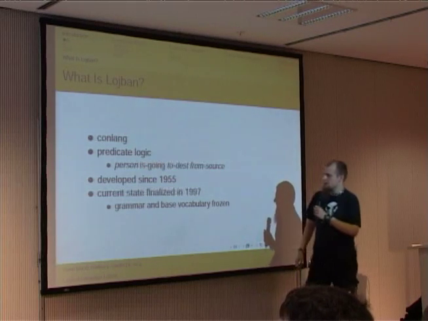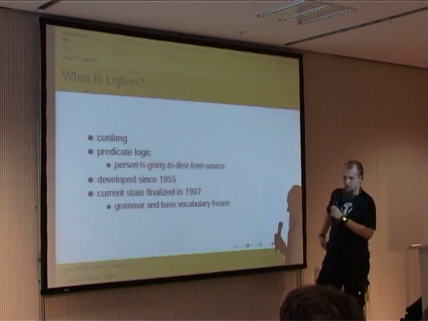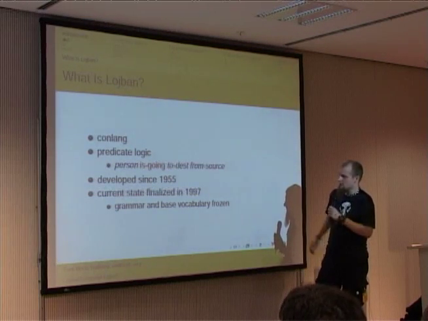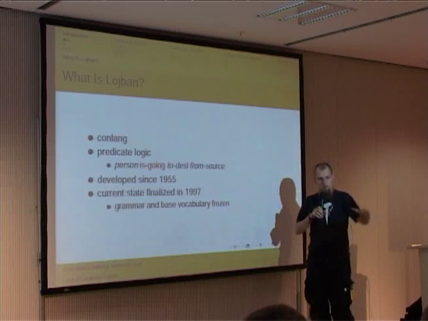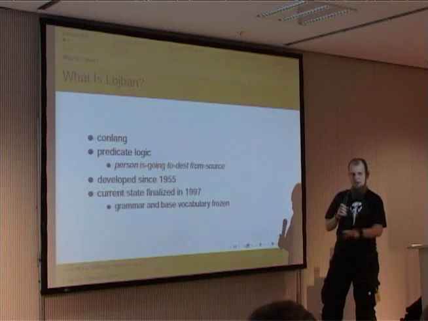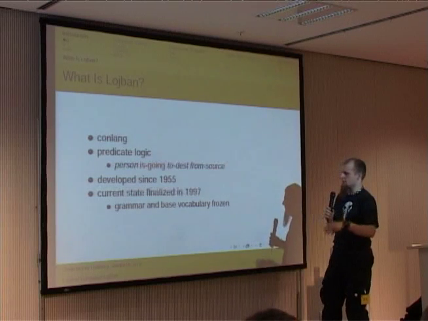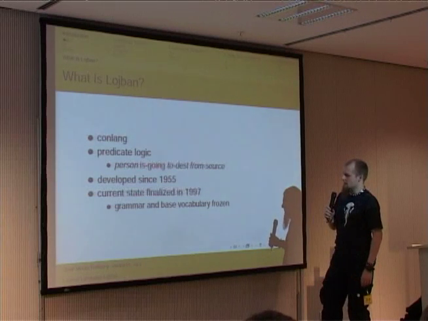As I said, development started in the 50s, 1955 to be precise. The original language was not Lojban itself, but Lojban is basically a fork of an original language. It's not so important. If you want to know it, you can read up on this development.